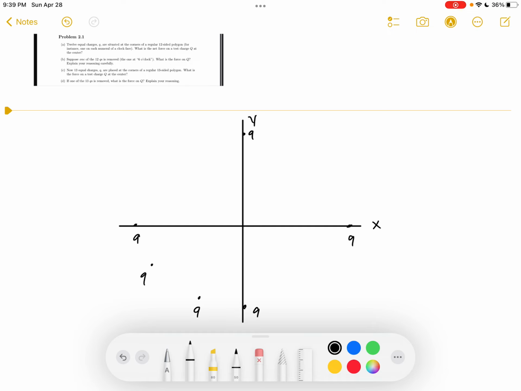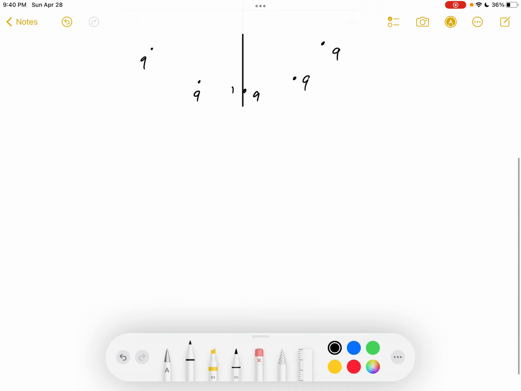Q, Q, Q, Q, Q, Q. So that's all of our charges, and then we have a test charge, big Q, in the middle. And all of these are at 1, to make the math simpler.